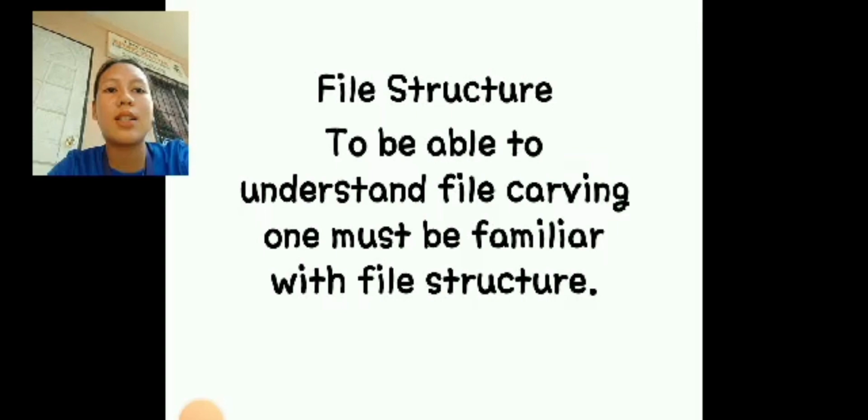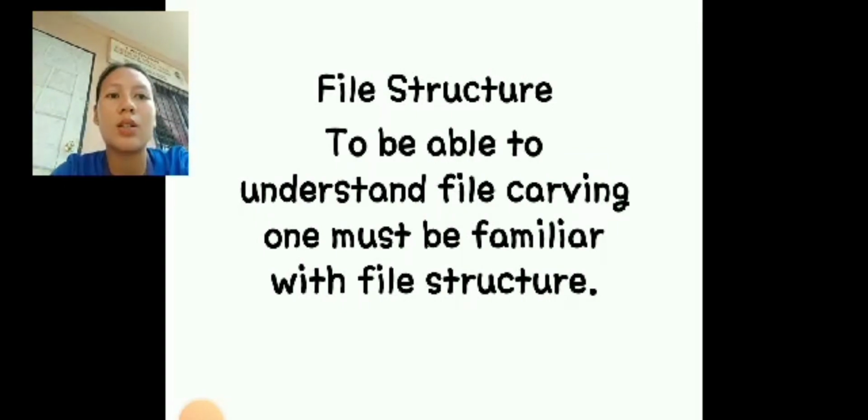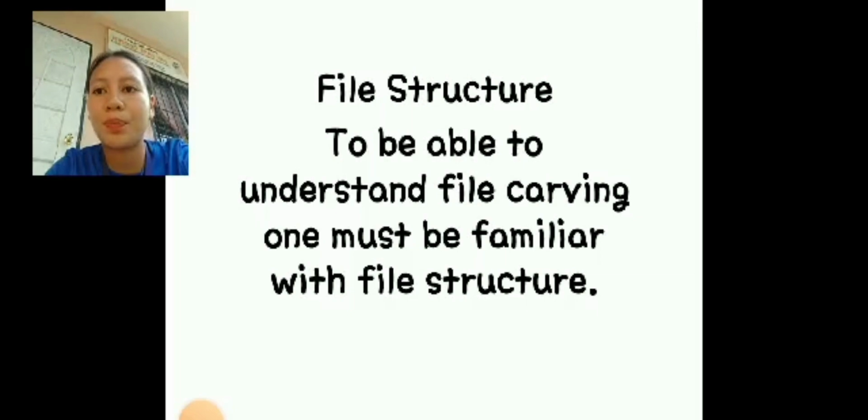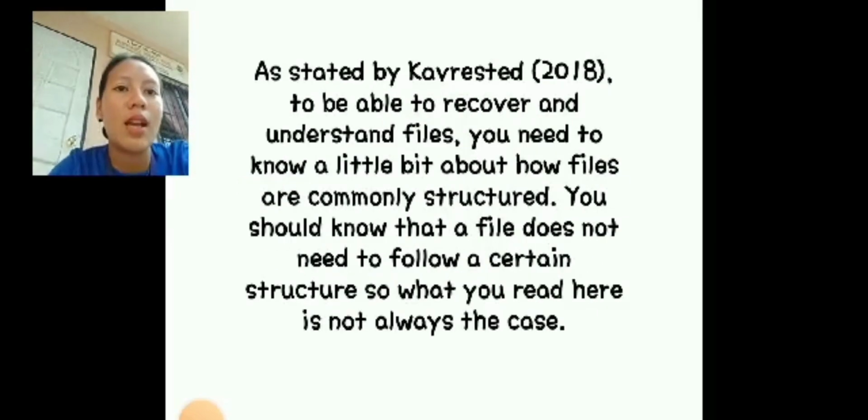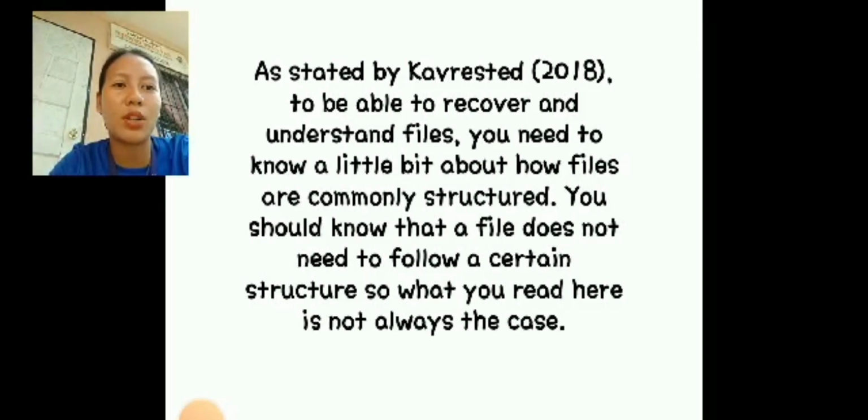So, the next topic is file structure. To be able to understand file carving, one must be familiar with file structure. As stated by Casey in 2018, to be able to recover and understand files, you need to know a little bit about how files are commonly structured.